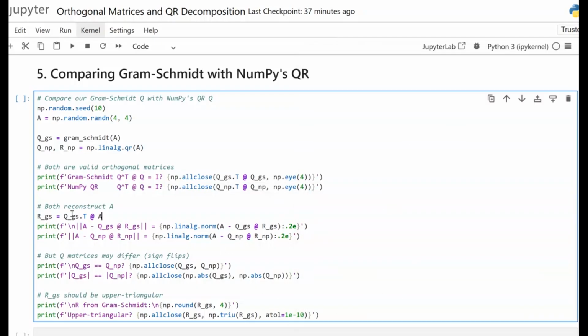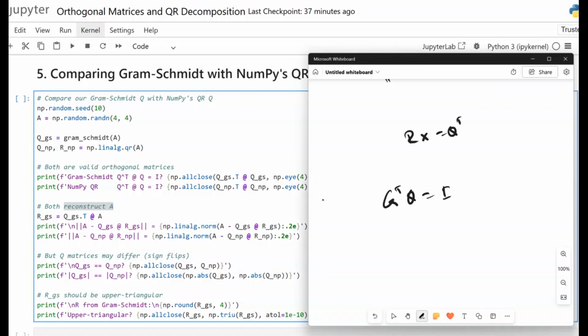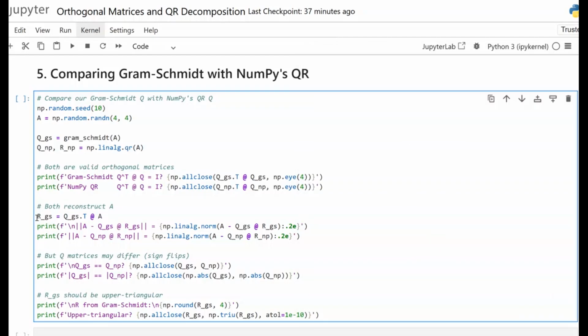Next, we have the reconstruction of A. Kindly observe, dear friends, here we use R equals Q transpose multiplied by A. This is the Gram-Schmidt reconstruction, and this line is the NumPy reconstruction.